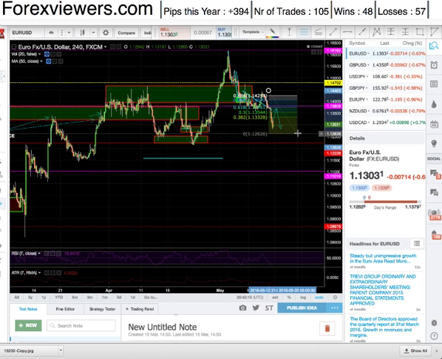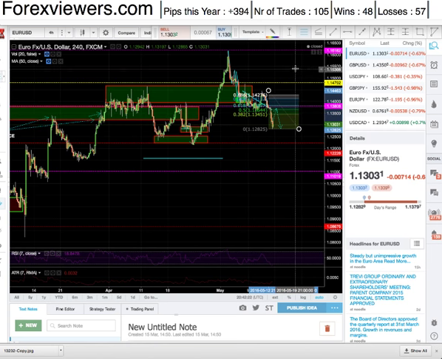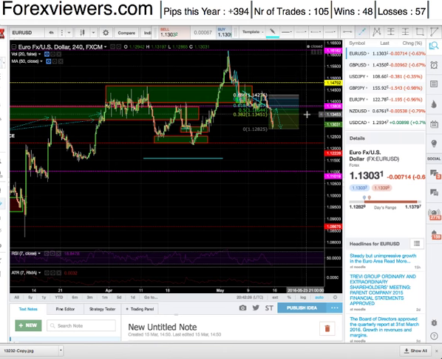Let's see where the 38 ends up in here. So if you can see, let's take an arrow here. A pullback to the 38 will hit this point here, this structure right here. As you can see right here, this big candle right here, I'm noticing that as well. But mainly these two levels right here. So obvious structure here.